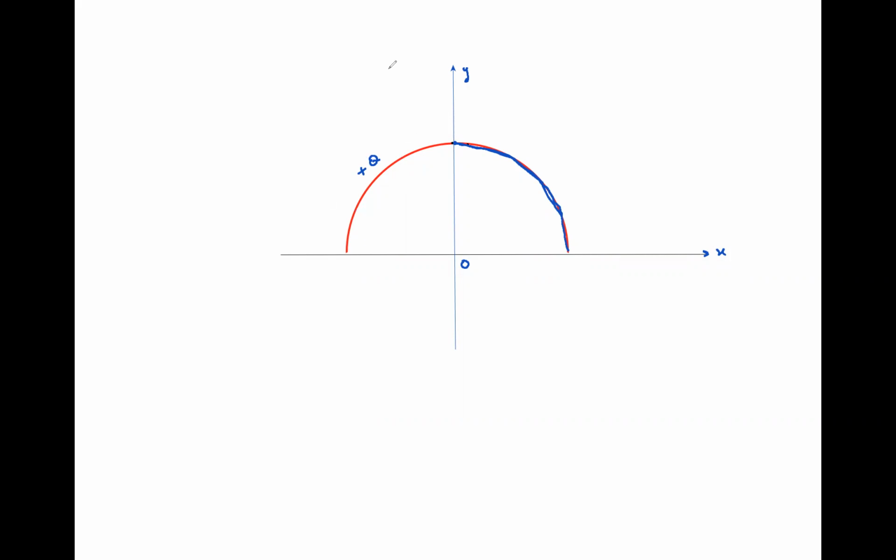In general, as you know, we have to take a small portion. Let's say here we have dq with a length equal dl, and we join this point to this point.